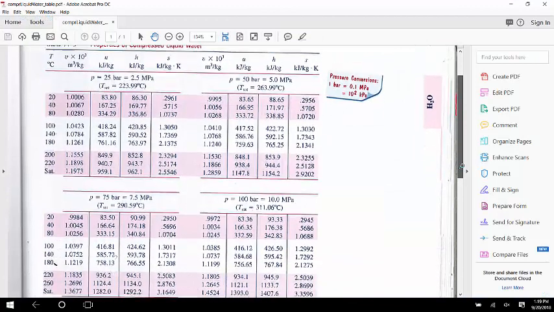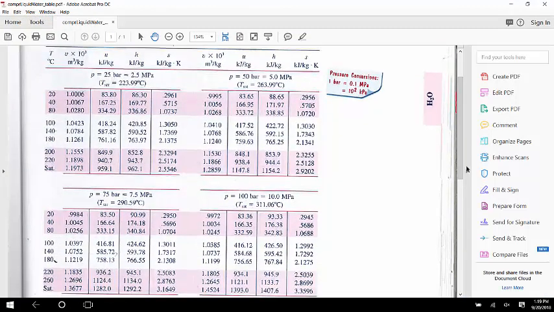All right, so now, since there are two independent variables, it's separated up into chunks that represent a single pressure. Okay, so this is for 25 bar, and now that we have that pressure set, it's indexed by temperature.